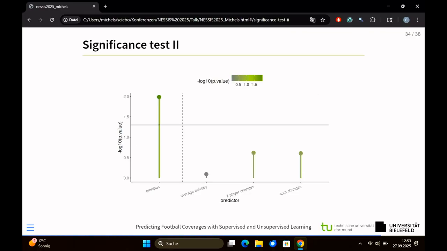In general, those three are more or less exchangeable because they more or less measure the same thing, but altogether they provide information to the models. And that's quite nice, and that's what we wanted to see.